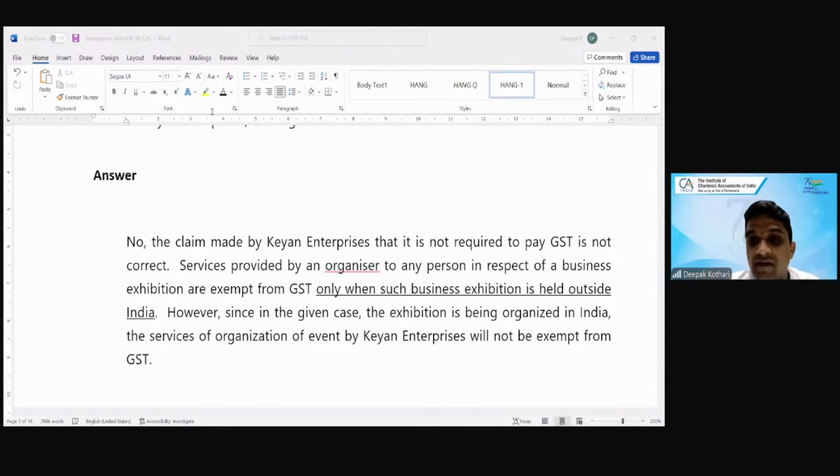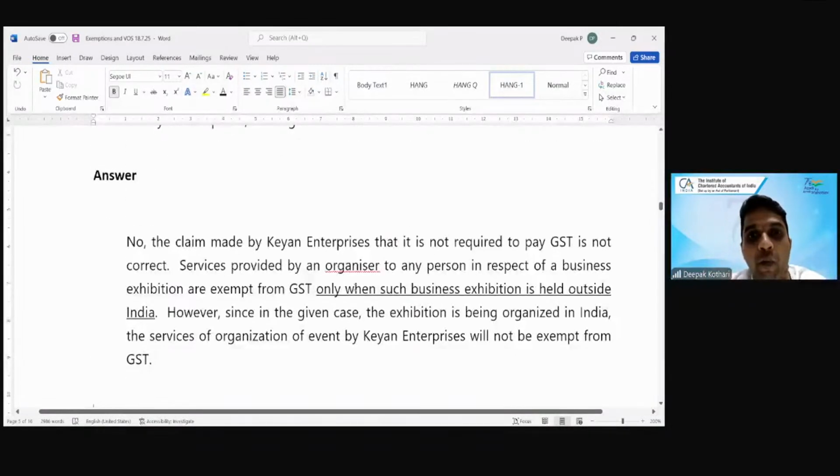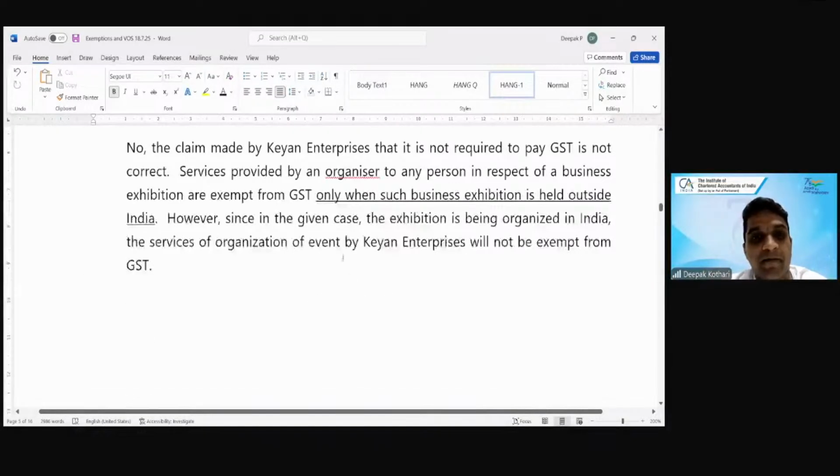Correct. ठीक है निधि जी, यू कैन स्टिल कंटिन्यू. तो यहाँ पे क्वेश्चन आंसर्स चलेंगे, उसके आंसर्स आपको देने हैं. Okay, so this exhibition which is conducted outside India will be exempted, but within India it will be taxable. Okay.